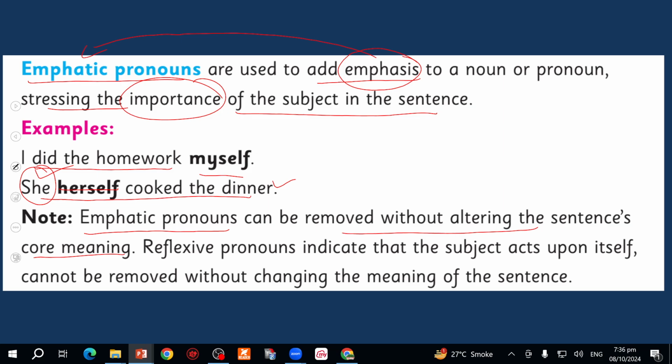If I remove this emphatic pronoun, the sentence is still correct. It stands correct. So, this is the litmus test of testing emphatic pronouns. Even if you remove the emphatic pronoun, it still makes sense. But we are adding it for showing importance. Reflexive pronouns indicate that the subject acts upon itself, and cannot be removed without changing the meaning of the sentence.